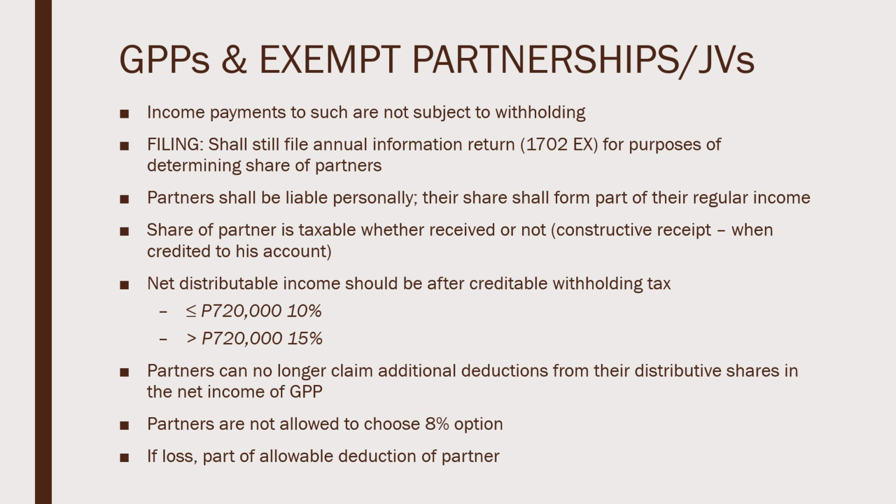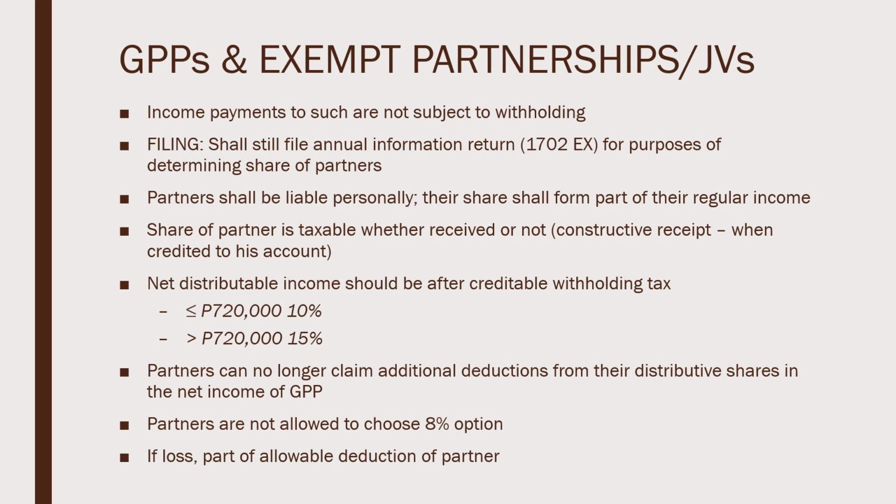The net distributable income should be after creditable withholding tax. So the partnership shall withhold 10% tax if the net distributable income to the partner is not more than 720,000. But if it's more than 720,000, the creditable withholding tax is 15%.